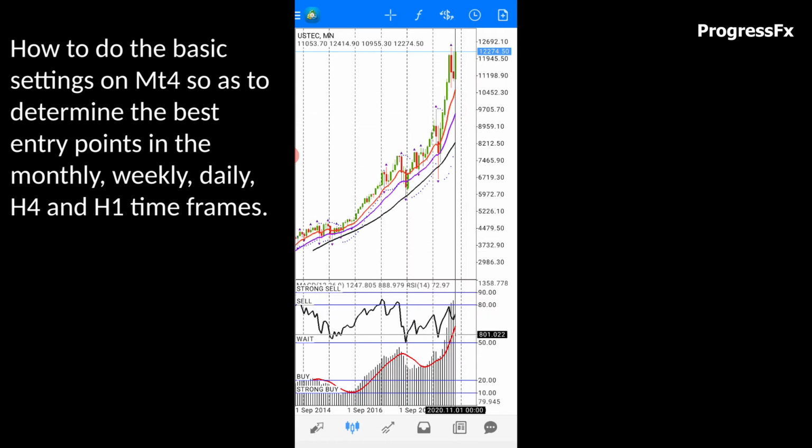By the time this MACD finishes ranging here, with the latest MACD signal line crossing above the 80 sell level and of course getting to this strong sell level, a lot of ranging will happen here above, or either here next month, before it decides to retrace back.